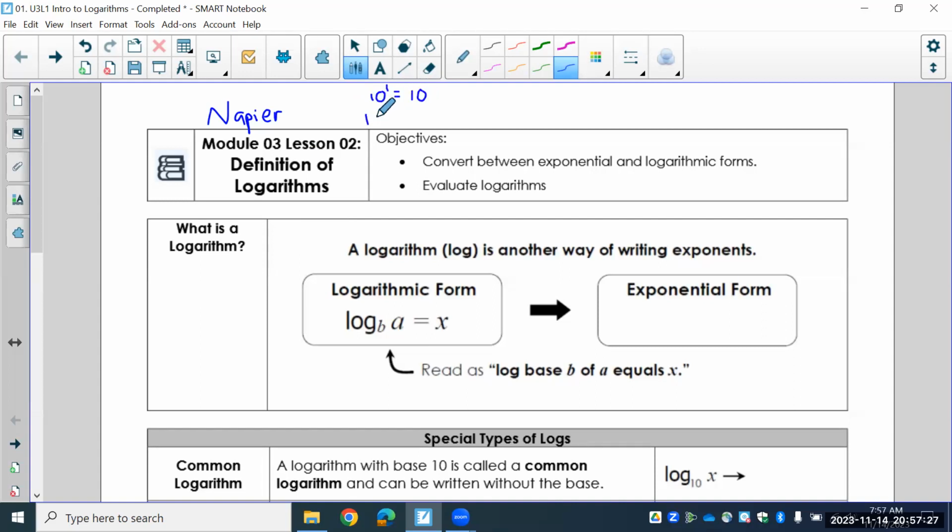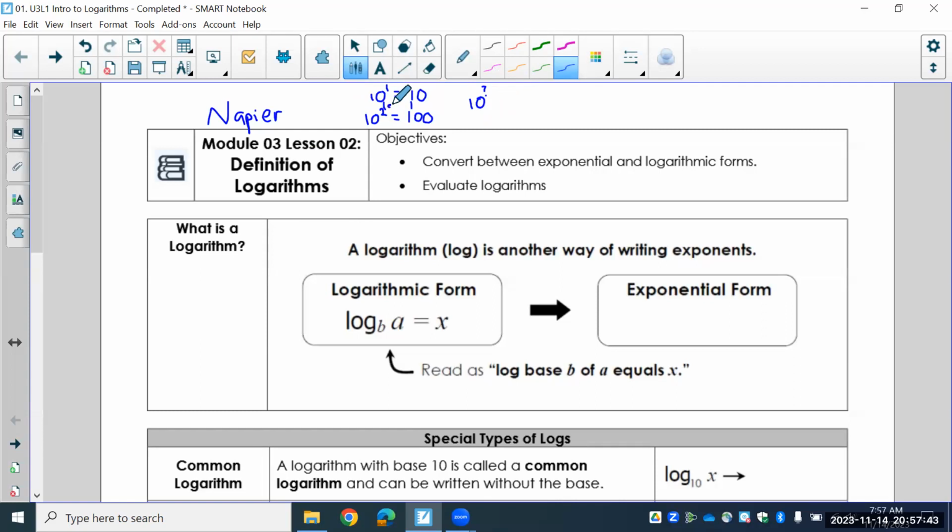And if you have something like 10 to the second power, that is equal to 100. But there should be a way to raise 10 to some power to get any number in between. For instance, 10 to the 0 would give you 1, so you could get that real easy.